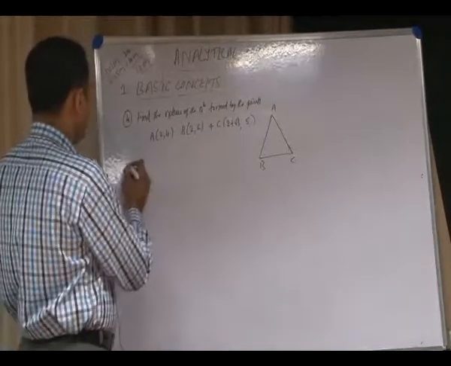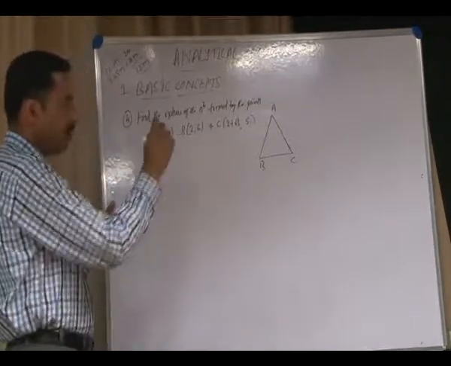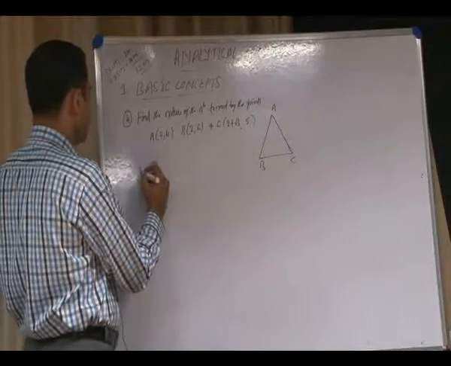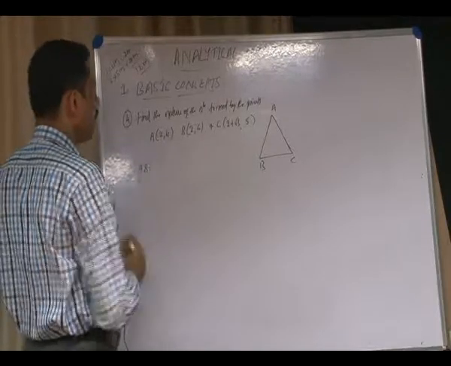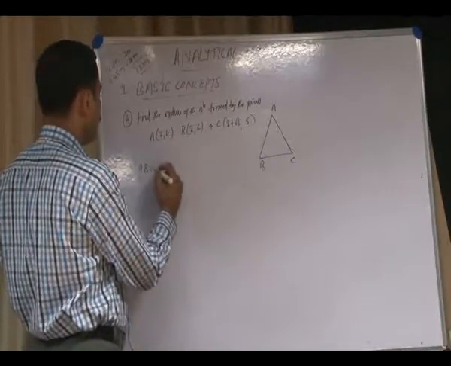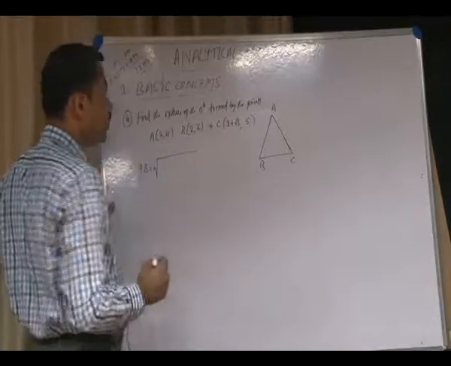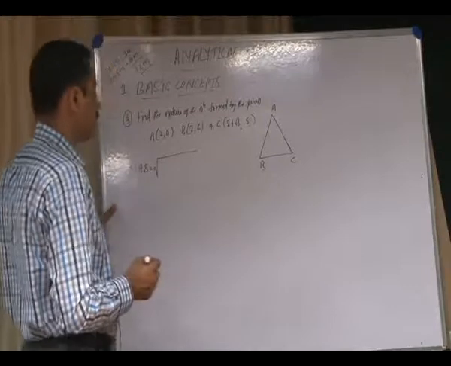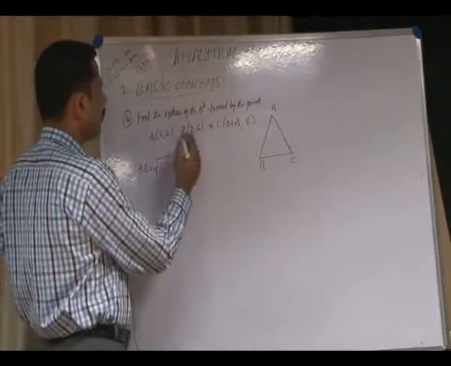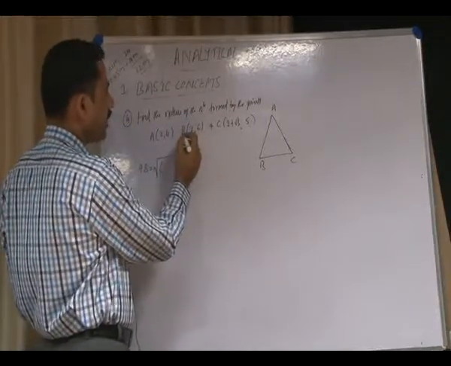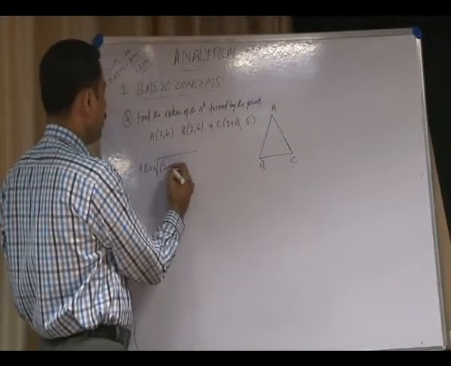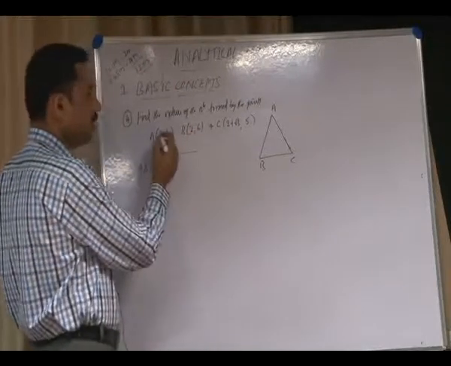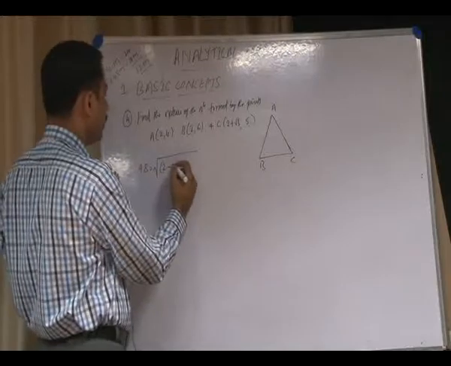So, first I will find the distances between 2 points, that is the first side AB of this triangle. AB is equal to square root of, by using the distance formula, x2 minus x1 whole square. Here x2 means x coordinate of second point B, that is 2, minus x1, the x coordinate of first point A, that is also 2.